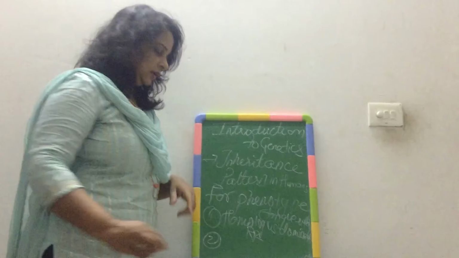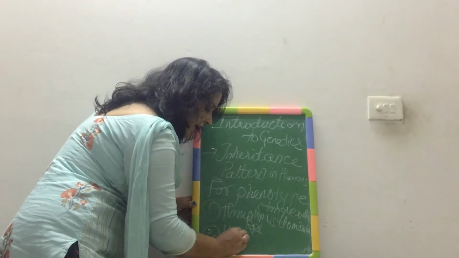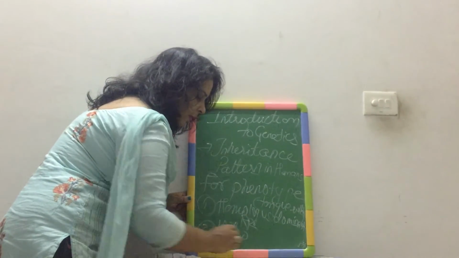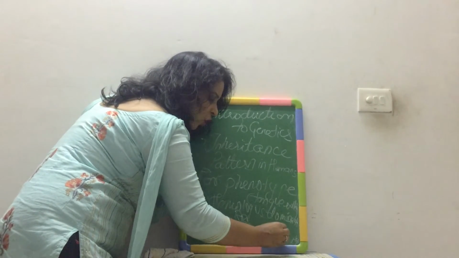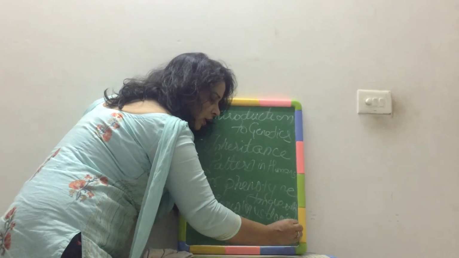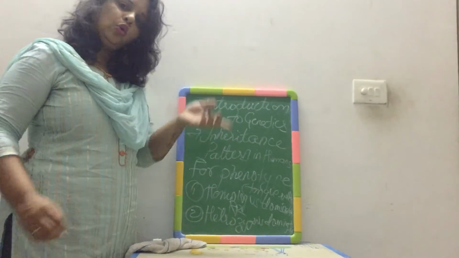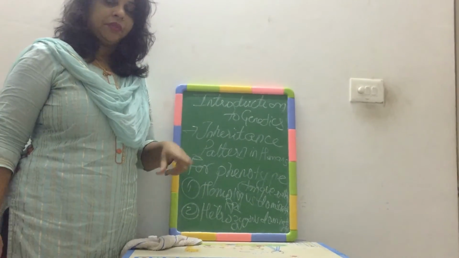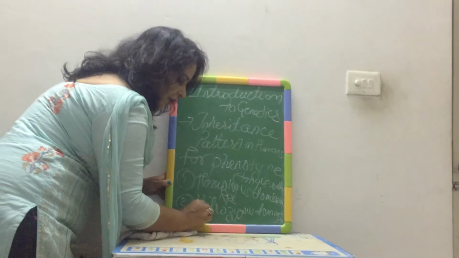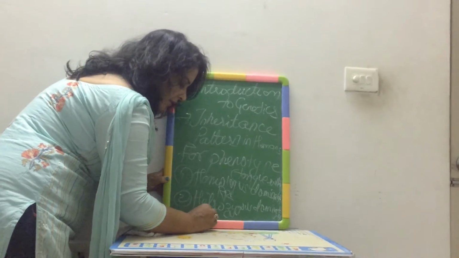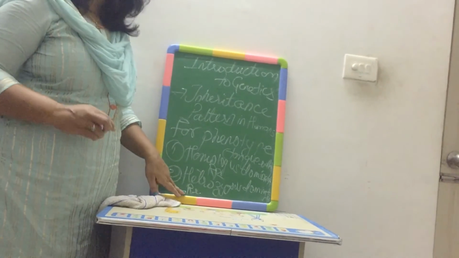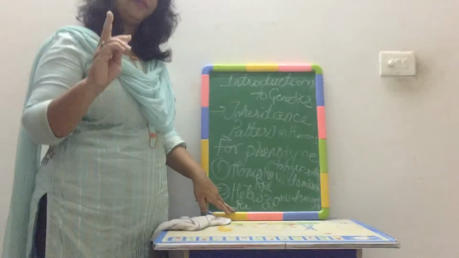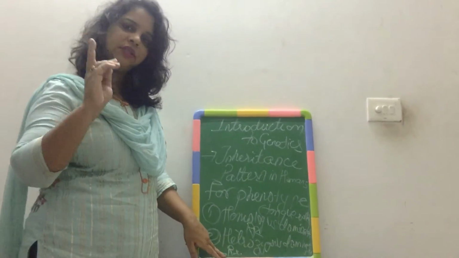The second possibility is called heterozygous dominant. What does that mean? Heterozygous means two types of alleles are present, but the dominant is there. So one capital R, one small r. That indicates the individual will have the characteristic of a tongue roller.